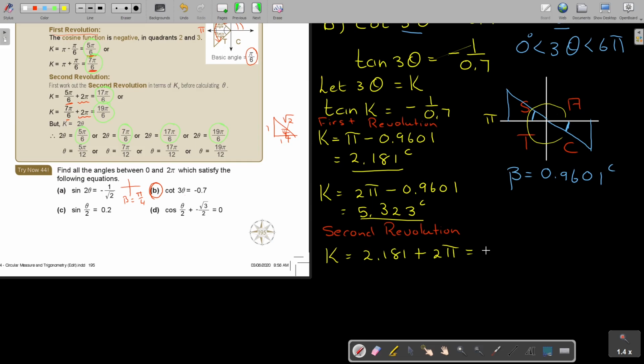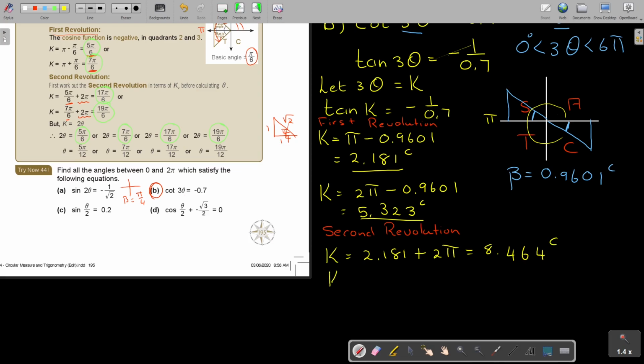I pressed incorrect. Okay, let's start again. 2 multiply shift pi equals plus 2.181. And I'm getting, to 4 significant figures, 8.464. Okay, and that is going to be also radians.